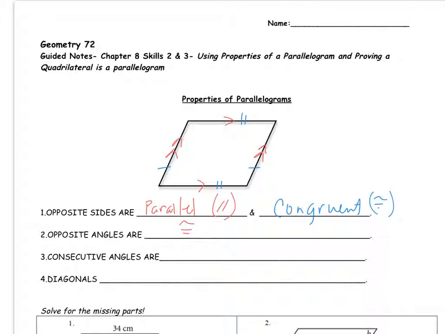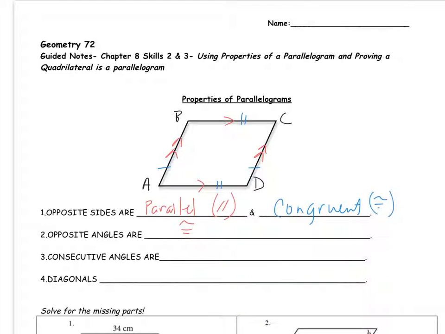So I'm going to put up here some letters. Just for future reference, if they ever talk about parallelogram ABCD, it doesn't matter where you put the A. If I were to put A in the bottom left-hand corner, I just always have to go in order. If I went B, C, D, I can't go A and then diagonally to B and then across to C. You always have to go either clockwise or counterclockwise.